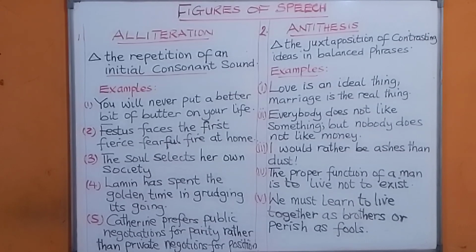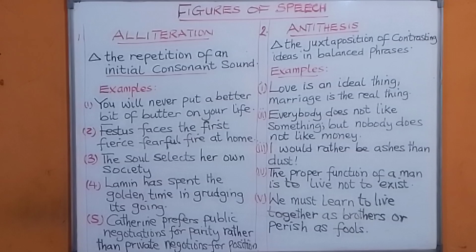Now we're going to another part of English that is very important, though it's also literature. That is figures of speech. We have parts of speech, but here we are going to look at figures of speech. What is a figure of speech?